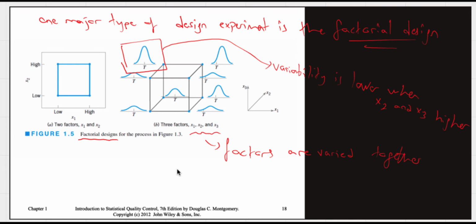For example, in this figure, we are seeing two factors, x1 and x2, and there are two levels for these factors. We are dialing these levels on the factors and running experiments on the quality characteristics of the product, so we are observing some changes in the product.